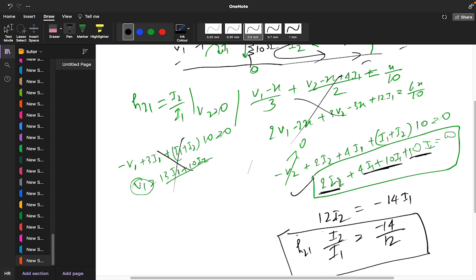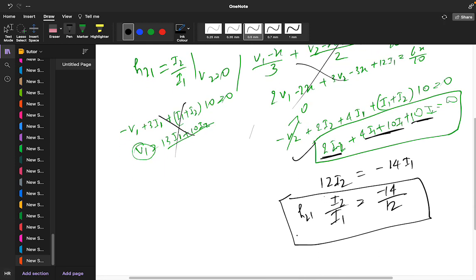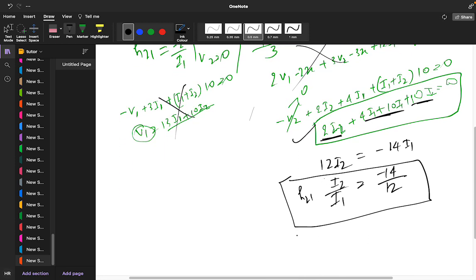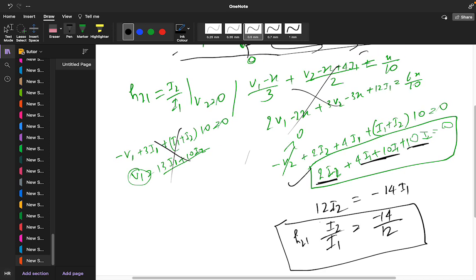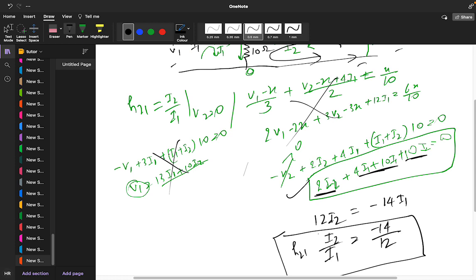Prasanna, got it? Have you understood, or any doubt? If any doubt, you can ask. Priyanka, any doubt? Anish, it's clear?